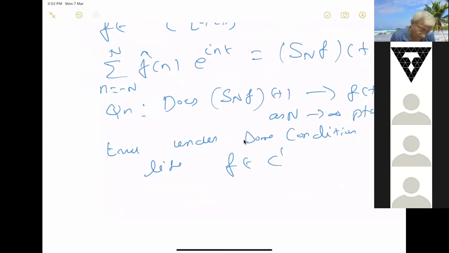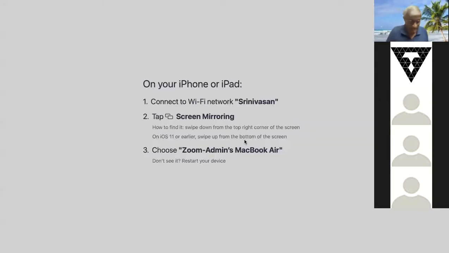Or if f is Lipschitz continuous, then this is true. So under some conditions, this pointwise convergence can be guaranteed. But in general, no. We are not going to prove this convergence theorem. That is part of any Fourier series course.